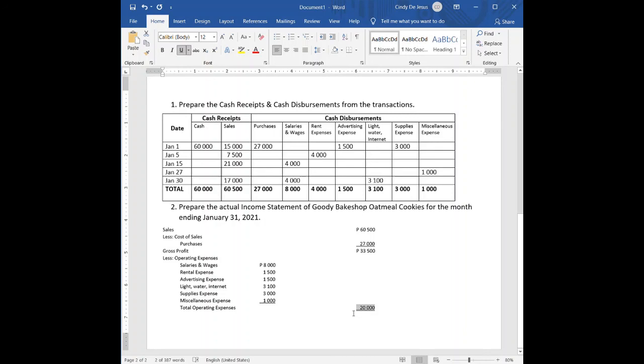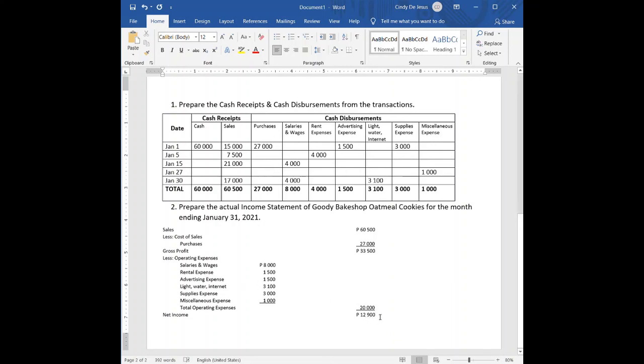Okay, so what will happen is you'll be computing your net income, which is really what you earn. And that would be, of course, 12,900.